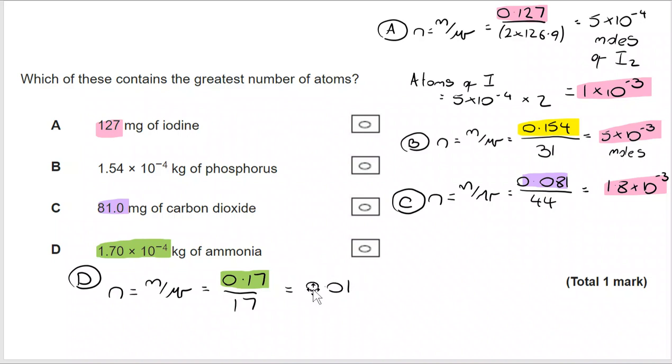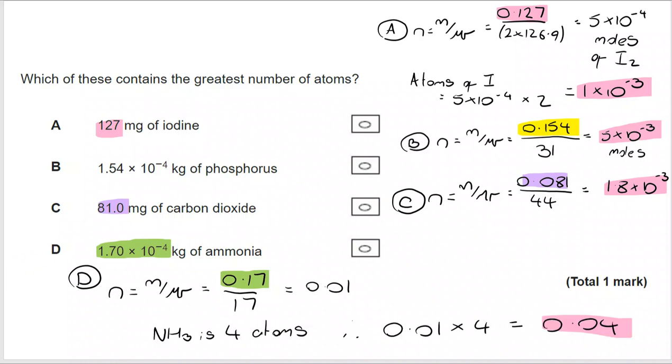Now, if I take a look at all of those, my number of moles is clearly the highest in ammonia, but we've not quite finished yet. And I'm going to show you what you need to do with ammonia, because one ammonia molecule is 4 atoms. So just as we did with iodine, I'm going to multiply this answer by 4. I have 0.04 moles.